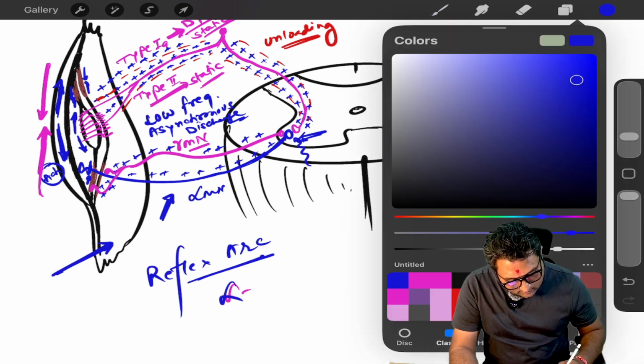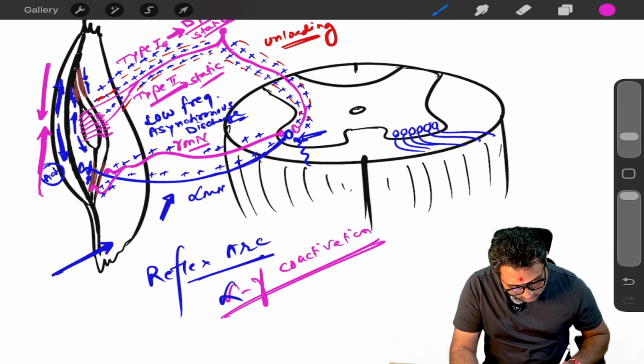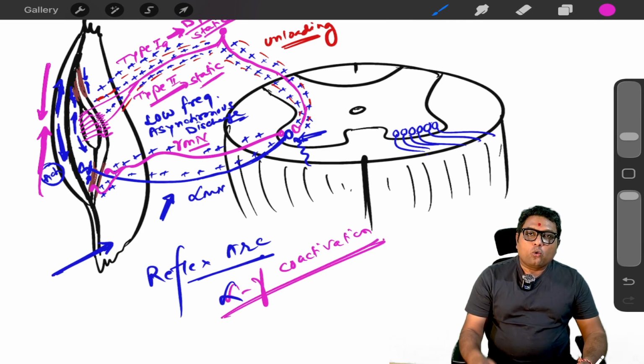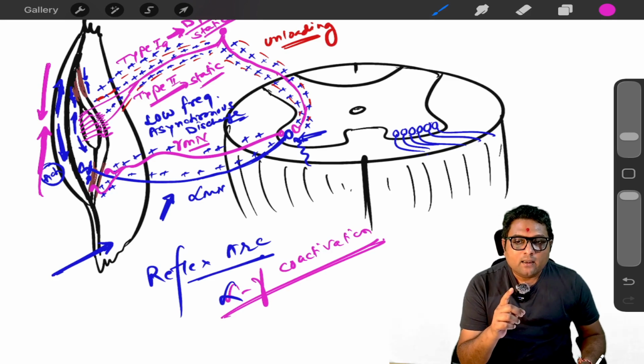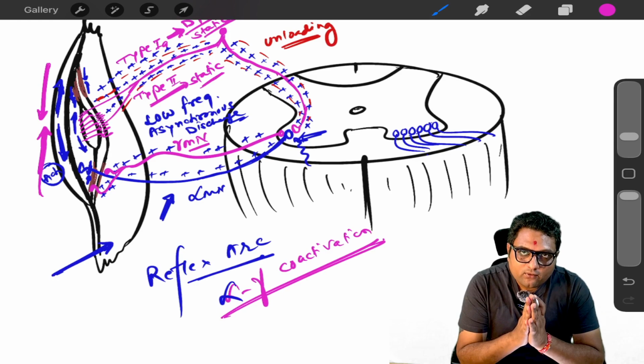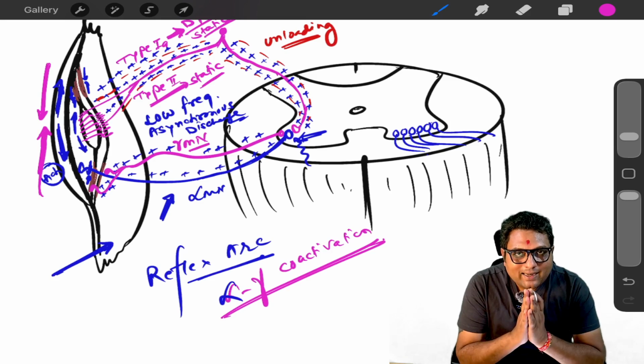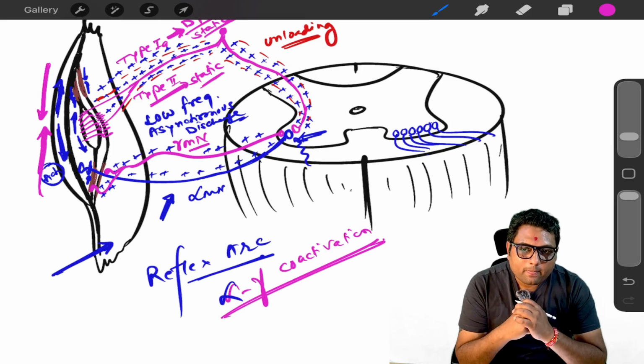So this alpha gamma coactivation prevents unloading, maintains the sensitivity of the stretch reflex, and maintains the posture during the static posture, right?